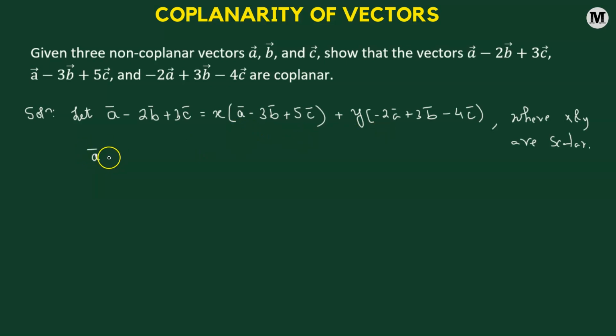On the left hand side, we have A − 2B + 3C.